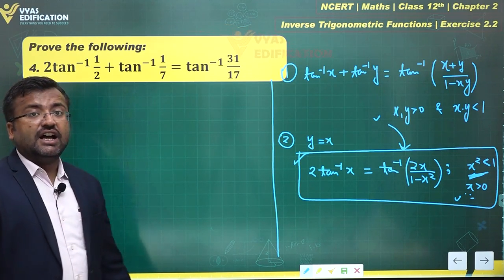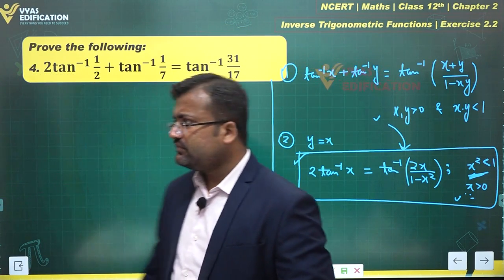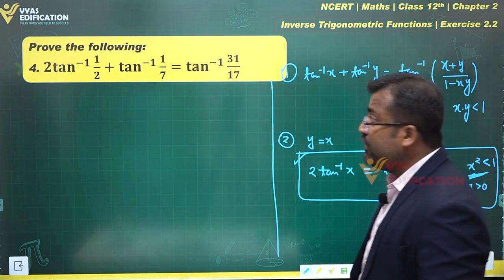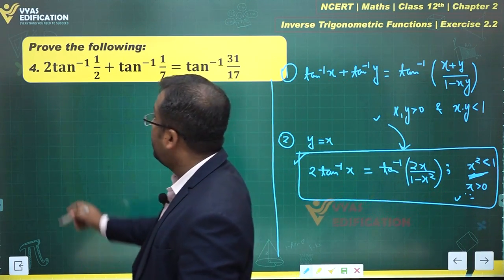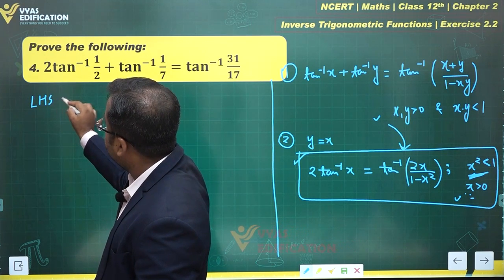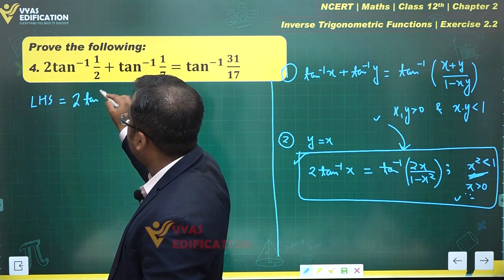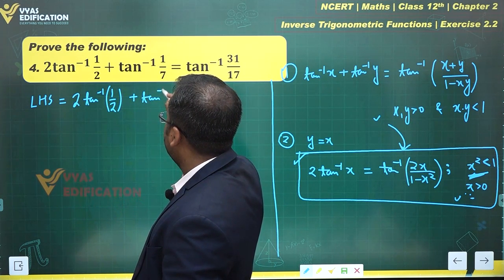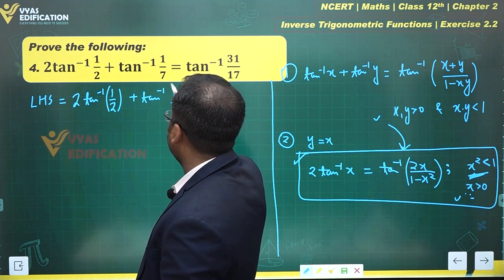So what next? Let's try to begin this question now. We have 2 tan inverse 1 by 2 over there. Let's begin with the LHS. 2 tan inverse 1 by 2 plus tan inverse 1 by 7 is what we have.